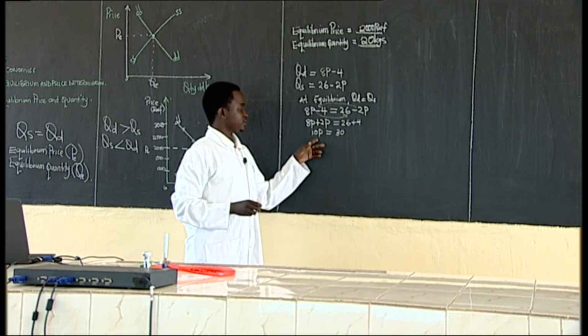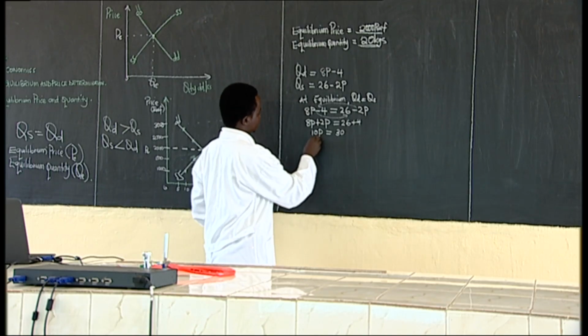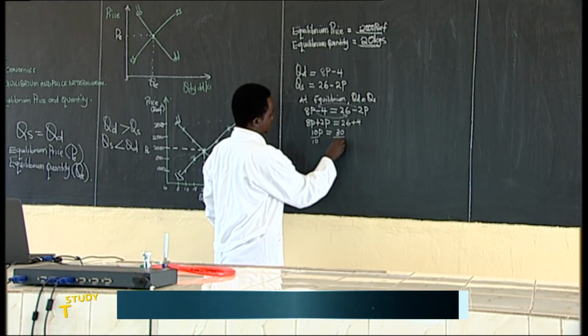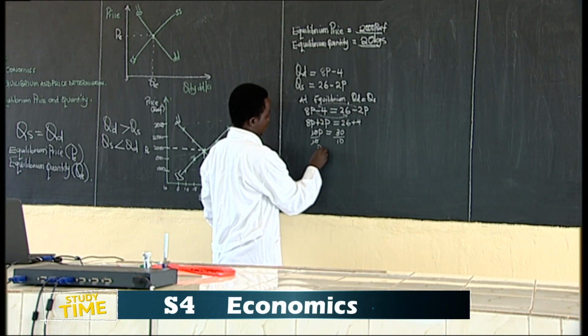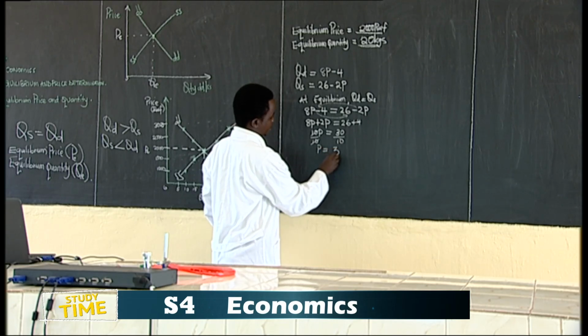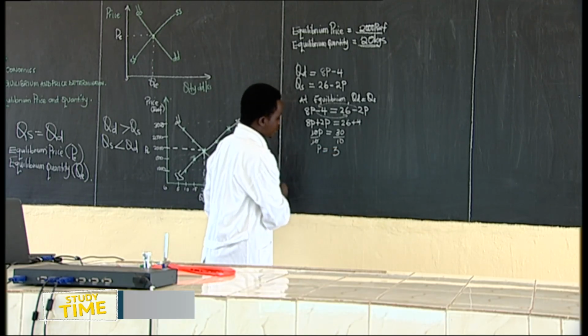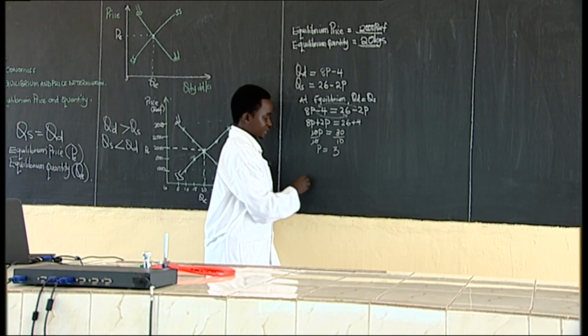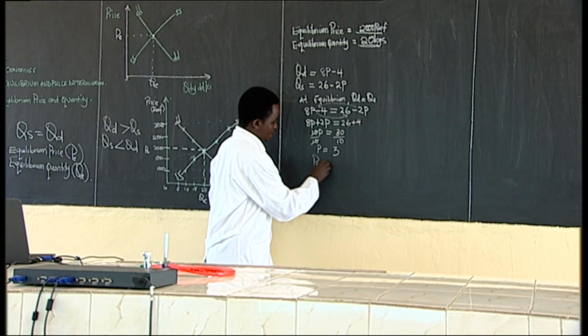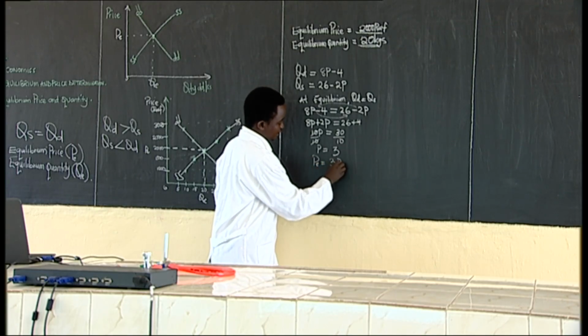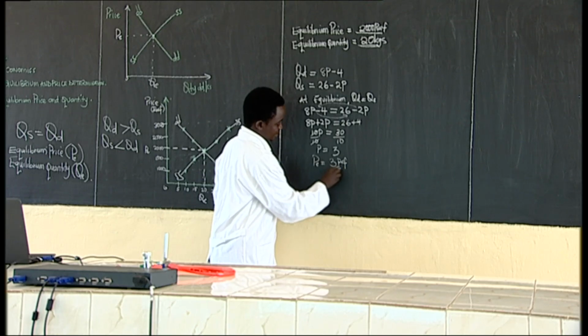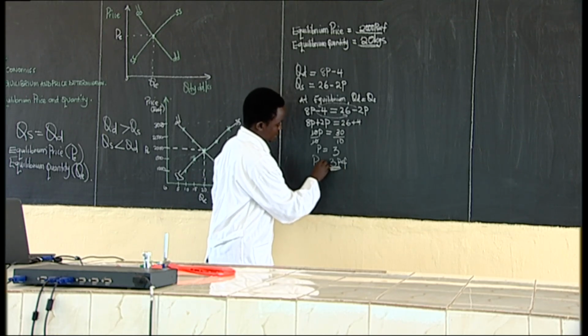You divide by 10 both sides. So the value of P here is 3. And remember, our P is the equilibrium price. So our equilibrium price now is 3, that is, 3 Rwandan francs as the value of P.